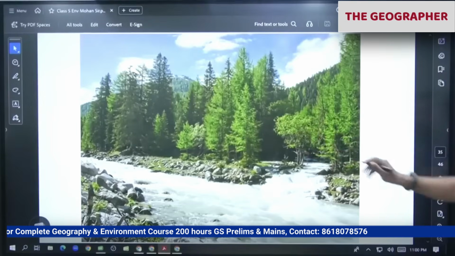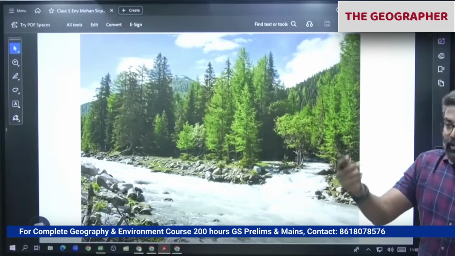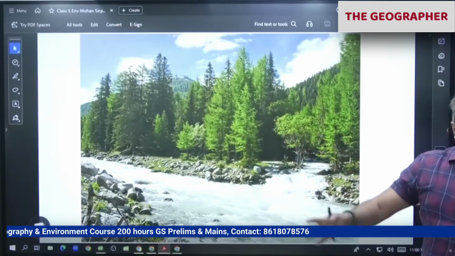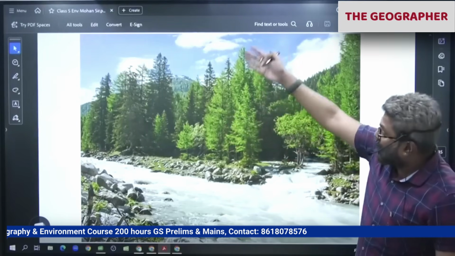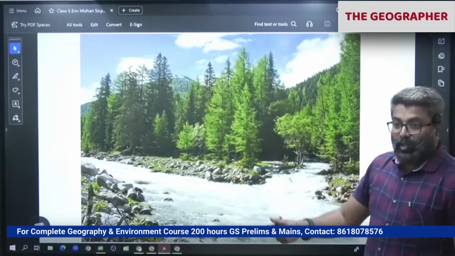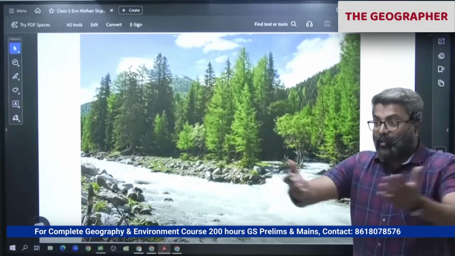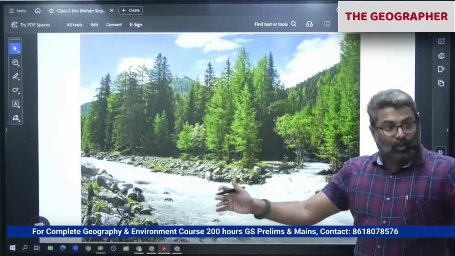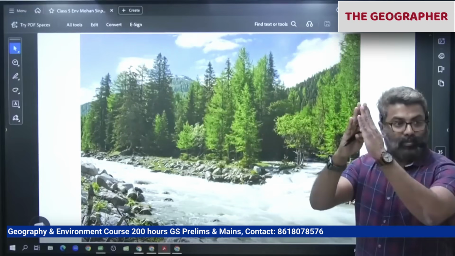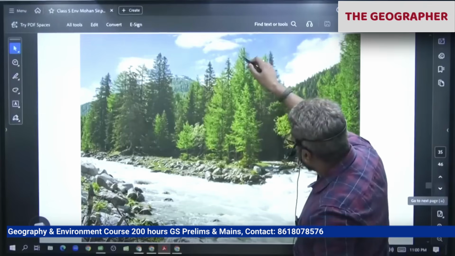The trees are like this, you can notice. Very tall trees with small branches, because they have to hold the winter snow. In winter, snow cover builds up on the trees. As a result, they have to shed the snow easily. What if they had large branches? The branches would break because of the snow weight. So the trees are like this. As a result, the snow can easily come down.